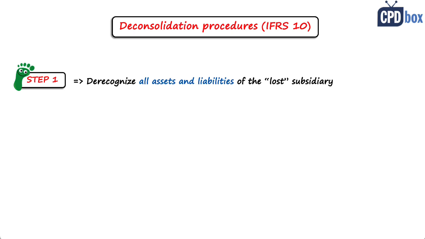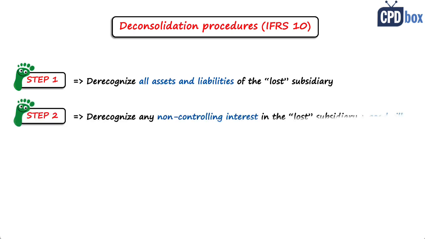Of course, because now after loss of control, there will be just parents' assets and liabilities, right? Step number 2, derecognize any non-controlling interest in the lost subsidiary and goodwill acquired in that business combination. Yes, sure, that's also logical because we are decomposing the group and all the related components must go.